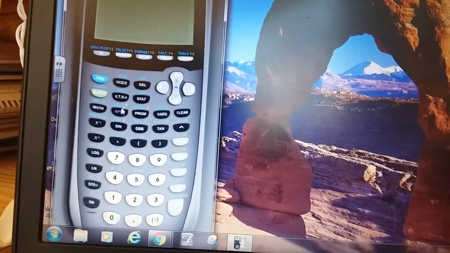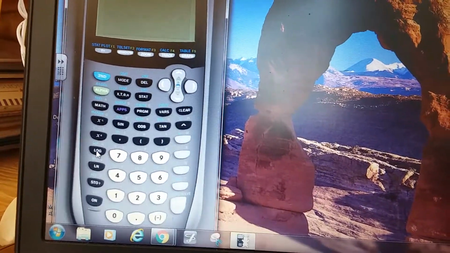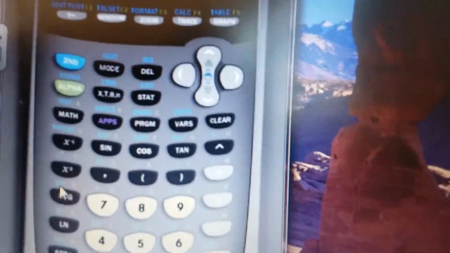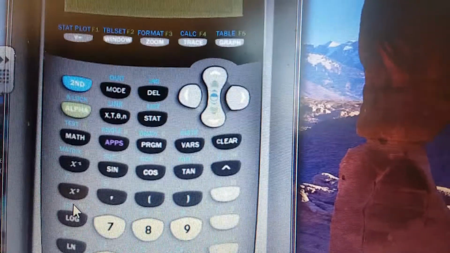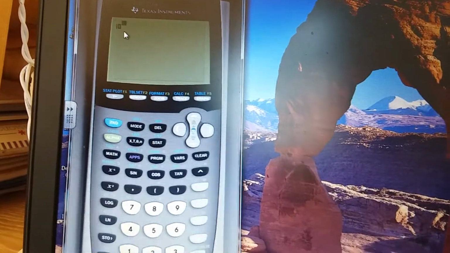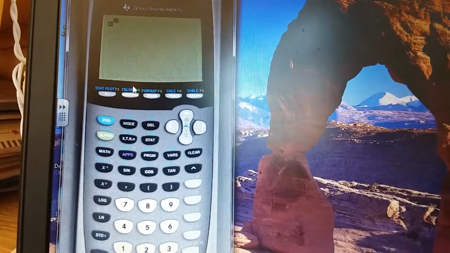Okay, so right here was our log button, and just above that is a 10 raised to the x. So we hit our second key, which is like our shift key, and we hit log, and that gives us that 10 to the x, which is the antilog.